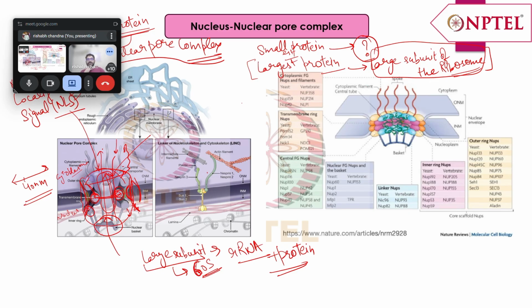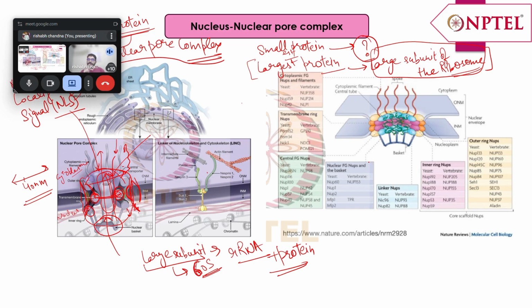This is the case, and on the right side, this shows different protein complexes of the nuclear pore complex in different organisms. Okay, so what are the different proteins that are present in the different regions of the nuclear pore complex?